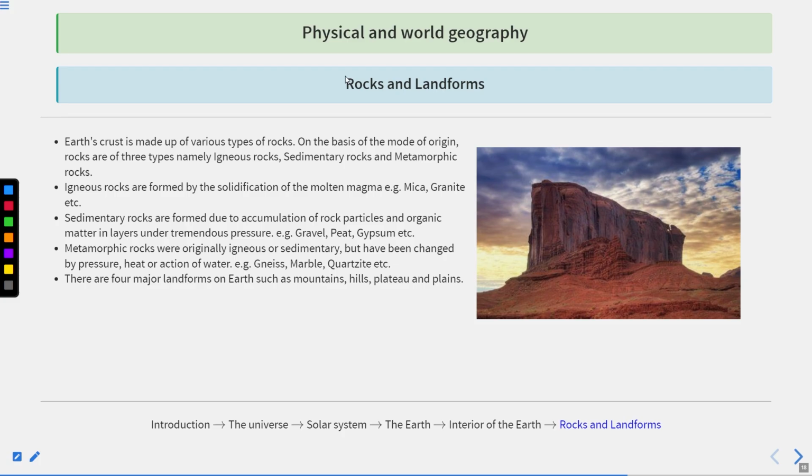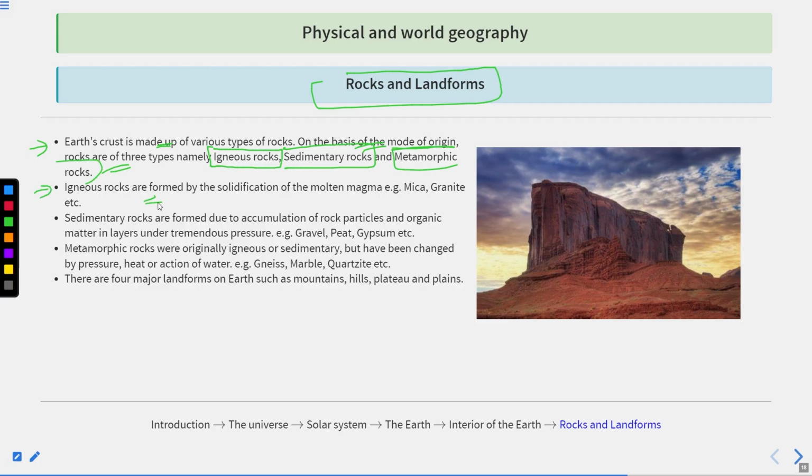Now, let's have a discussion on rocks and land. The Earth's crust is made up of various types of rock. On the basis of the mode of origin, rocks are of three types: mainly igneous rocks, sedimentary rocks, and metamorphic rocks.